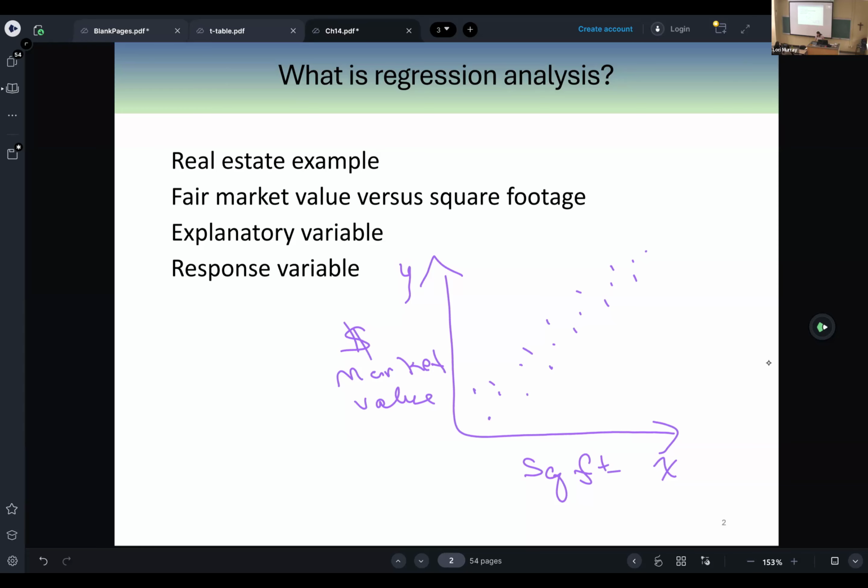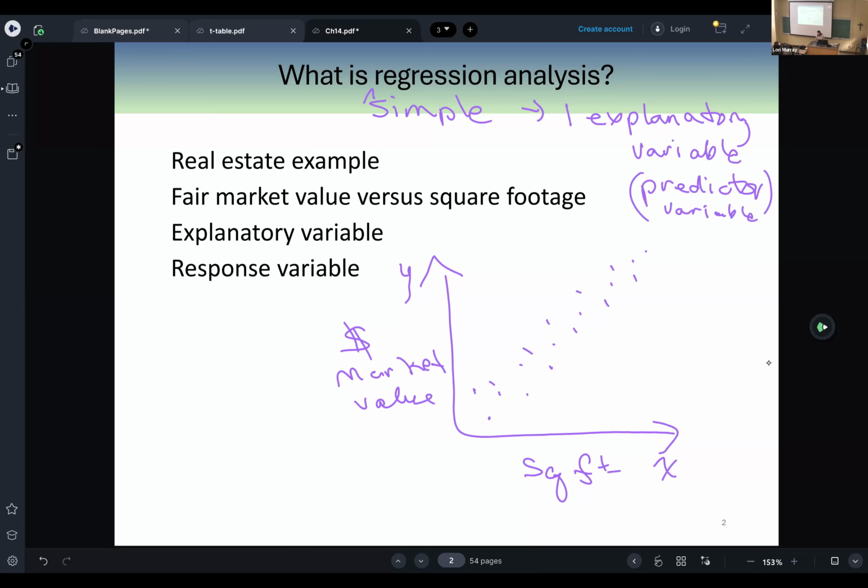So this is simple, specifically simple regression, because we have one explanatory variable. And that explanatory variable is also called the predictor variable. We're going to sub in square footage and hopefully get a good prediction of the house.